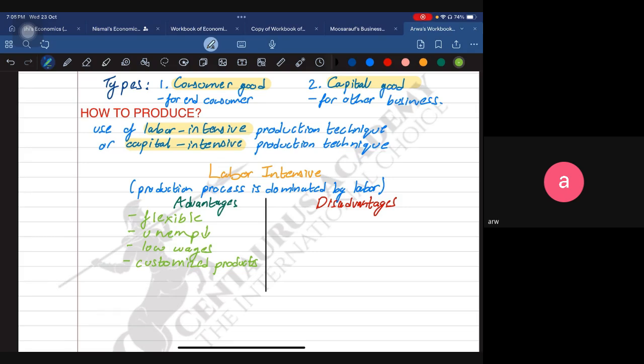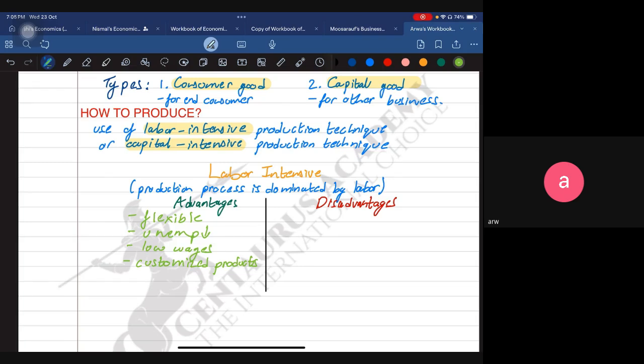But capital will only make a mass produced product, only one type of product. Exactly. Very good. And secondly, machines are given certain orders or commands, and they can only fulfill those commands and cannot go beyond them.